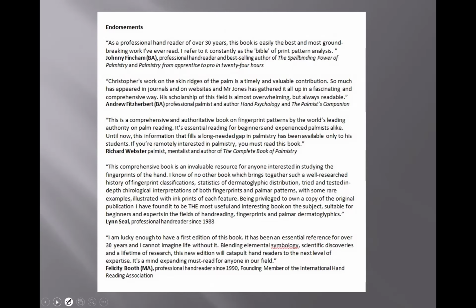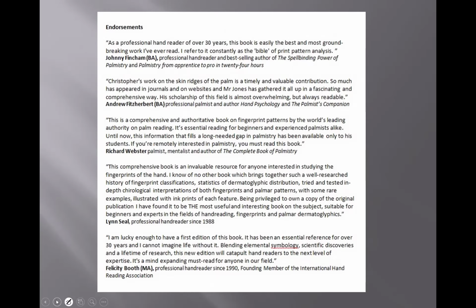So Johnny Fincham is probably familiar to many of you, and Lynn Seal and Felicity all studied with me in the 1990s. It has basically been a sort of primer for them, or as Johnny refers to it, the Bible of pattern analysis. So it's a book that's had a lot of time and effort put into it from when I wrote it and researched it, but it's also been road tested for 30 years as well.